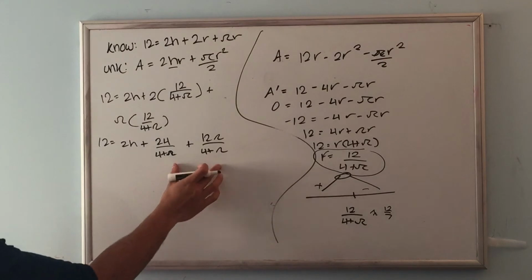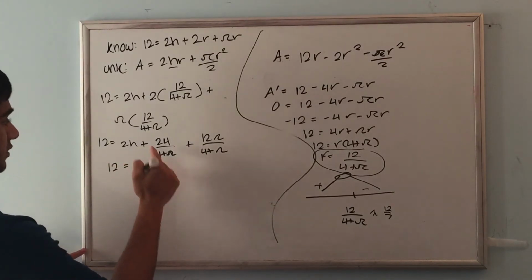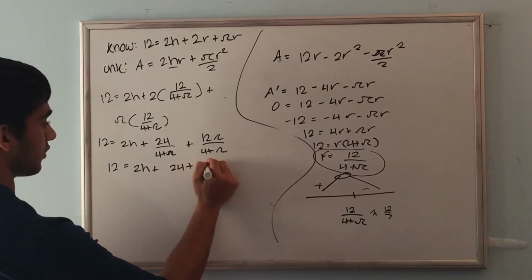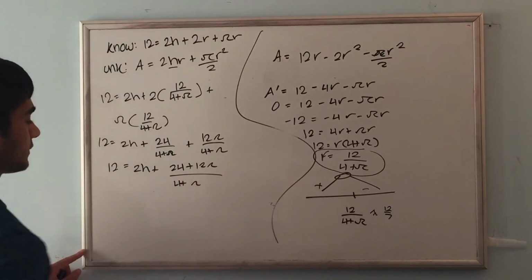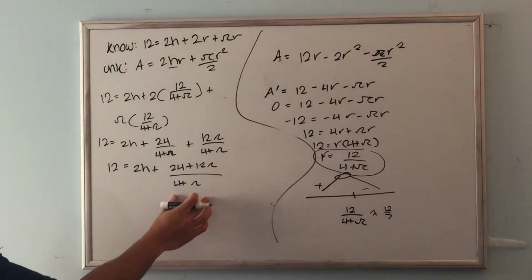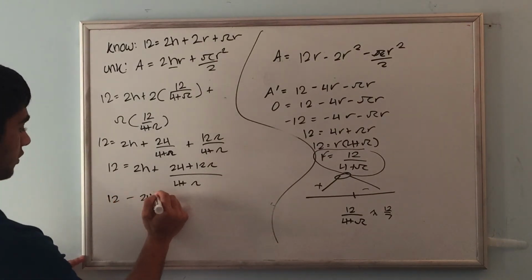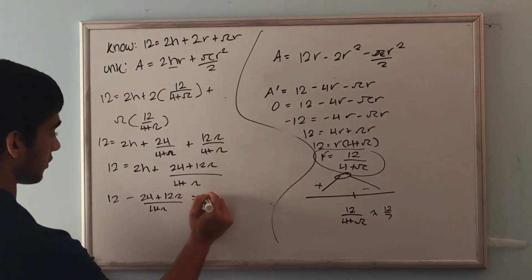Right, and we can combine these two terms, so we get 12 equals 2h plus 24 plus 12 pi over 4 plus pi. Then we can subtract this entire thing from here, so we get 12 minus 24 plus 12 pi over 4 plus pi equals 2h.